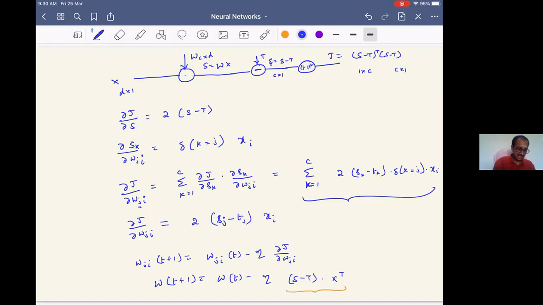As I mentioned, I will later establish the similarity of this with respect to neural networks and so on.